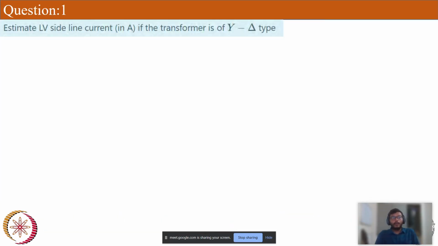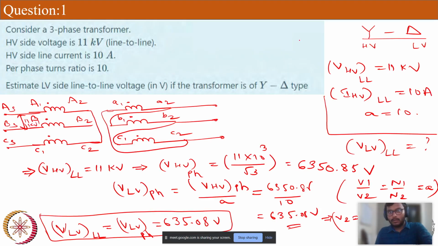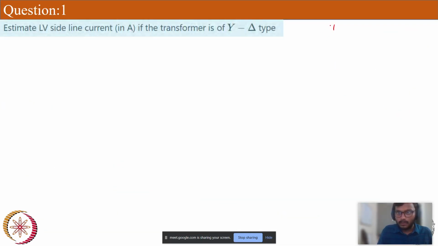Yeah. So moving on to the next question, we were asked to find the LV side line current if the transformer is of the same star delta type. I'll just write it quickly. What current is given? High voltage side line current is 10 amps and the turns ratio is 10.